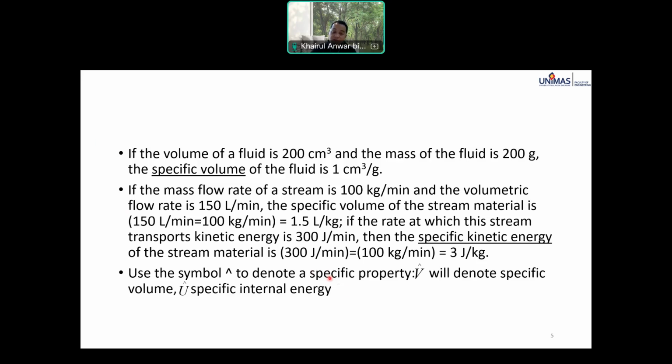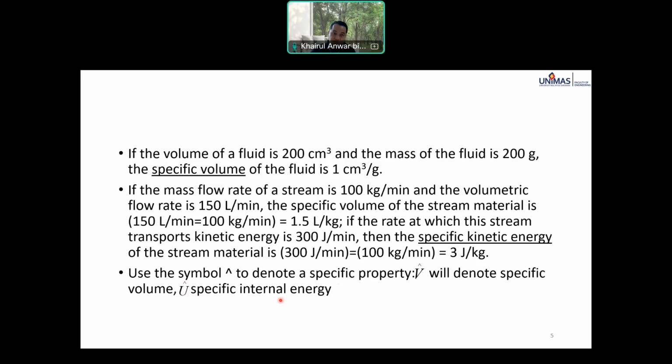The dot refers to the rate. The hat symbol denotes the specific property, so Û refers to specific internal energy. What is the specific here?